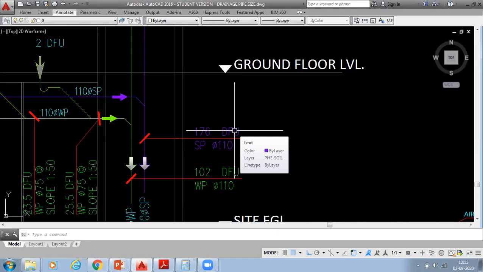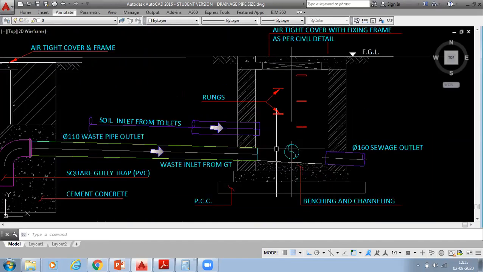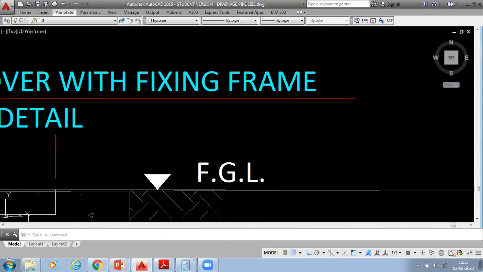From the tabulation only we will take the flow rate. Based on the flow rate only we have to arrive at the pipe size with Manning's formula. That class we will take separately, one by one. First we have to understand how to take the pipe size from the NBC.